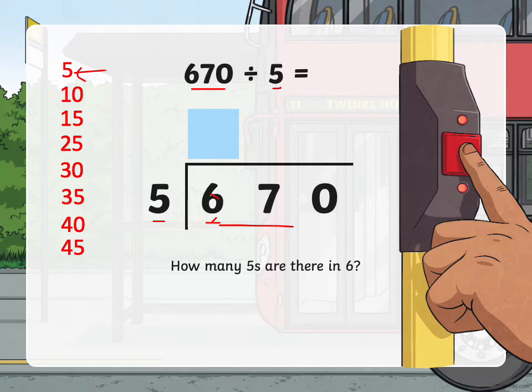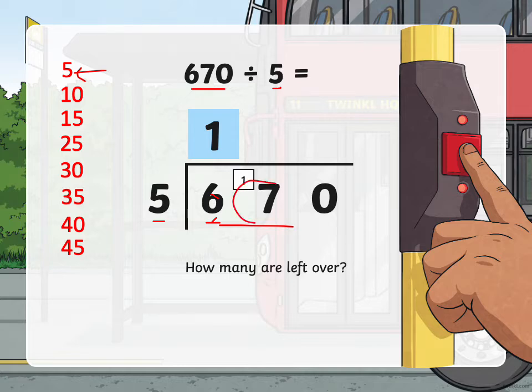Now 5 divided by 5 is 1. How many remain from the 6? We only took 5 from it. How many remain? 1. We have 1 left over. So we regroup it with the 7. So now 17 divided by 5.